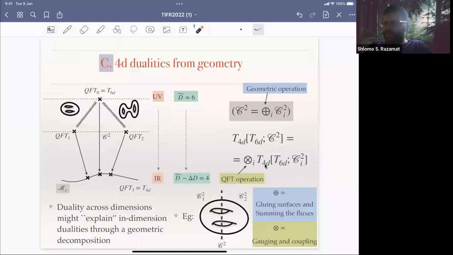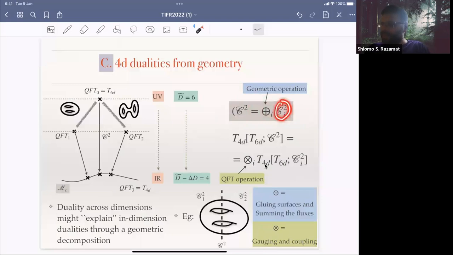So the basic logic of deriving dualities from geometry is as follows. It follows this factorization property. If we compactify on some Riemann surface, and we can think of this Riemann surface as composed of smaller pieces, like some pair of pants decomposition or something else, we can break the same Riemann surface in different ways into components.